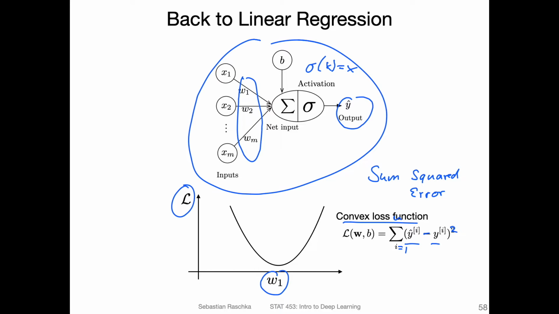What you can see is this bowl shape or parabola shape, and the loss is minimum for a certain value of the weights. If the value of the weight is too large, you can see the loss goes up. If we go to the right, if the weight is larger, you can see it has a higher loss, and the same way for this weight here that is too small.